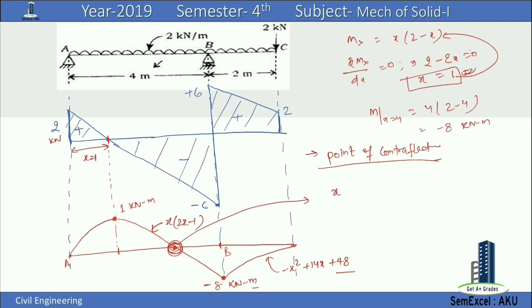So moment x into 2 minus x is equal to 0. We can get x equal to 2. So this is the point of contraflexure. This is the location of the point of contraflexure.